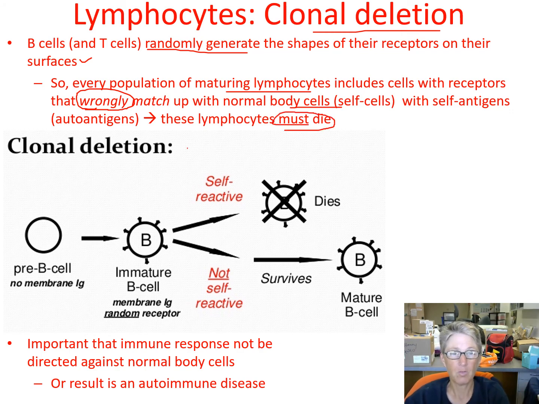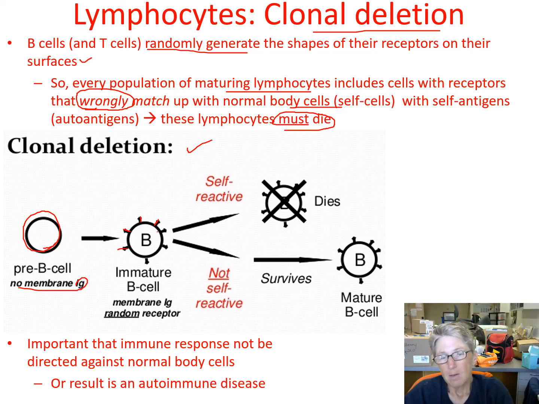So that process is called clonal deletion. So here's a pre-B cell. It's maturing in the red bone marrow. It doesn't have any B cell receptors. They're calling them membrane IGs, but there's no B cell receptors. Now this B cell randomly generates this B cell receptor here sticking out of the cell membrane.